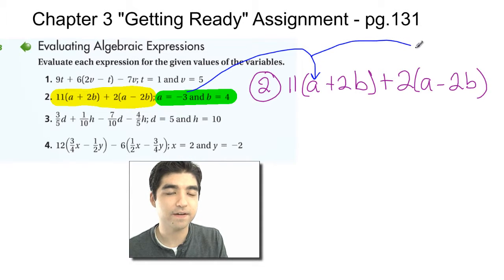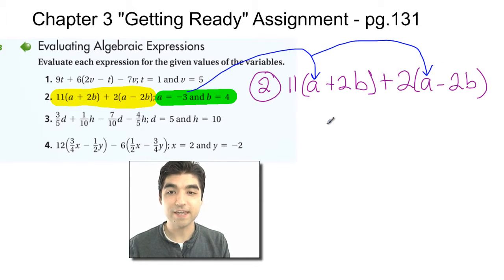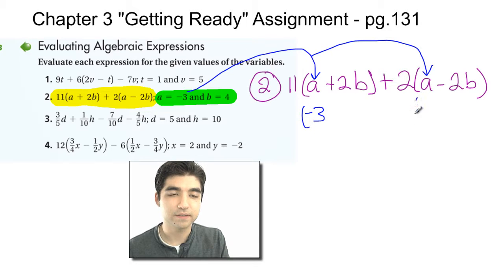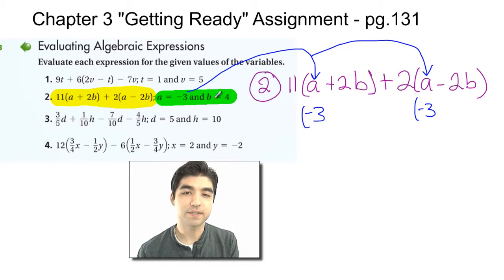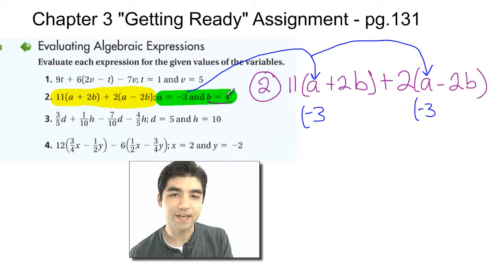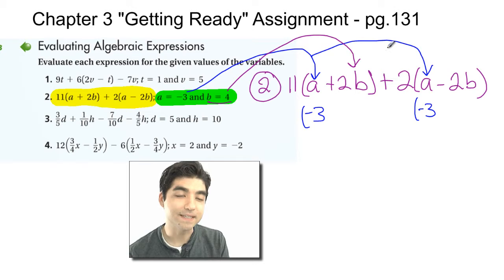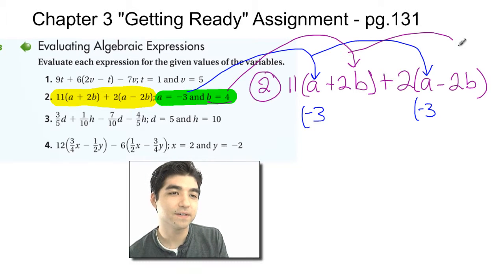There's an A there, and an A over here, so instead of A's, we're going to put -3. And vice versa for B equals 4: anywhere you see a B, you're going to put a 4 there.